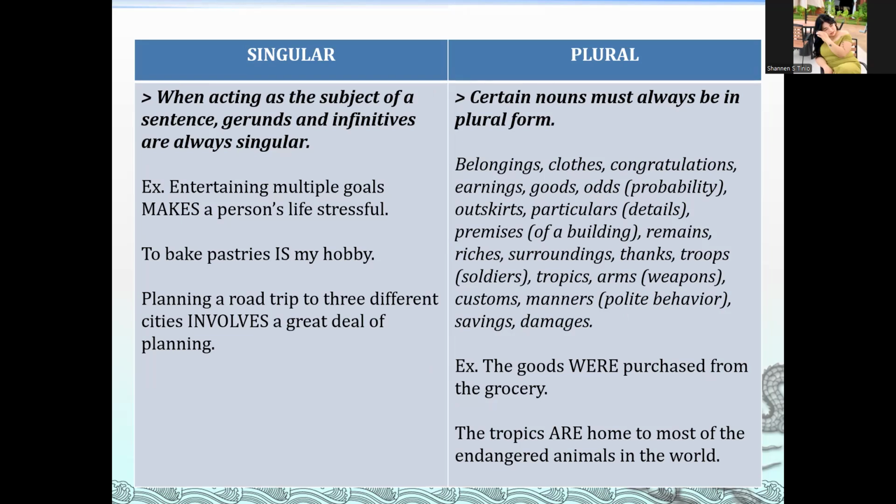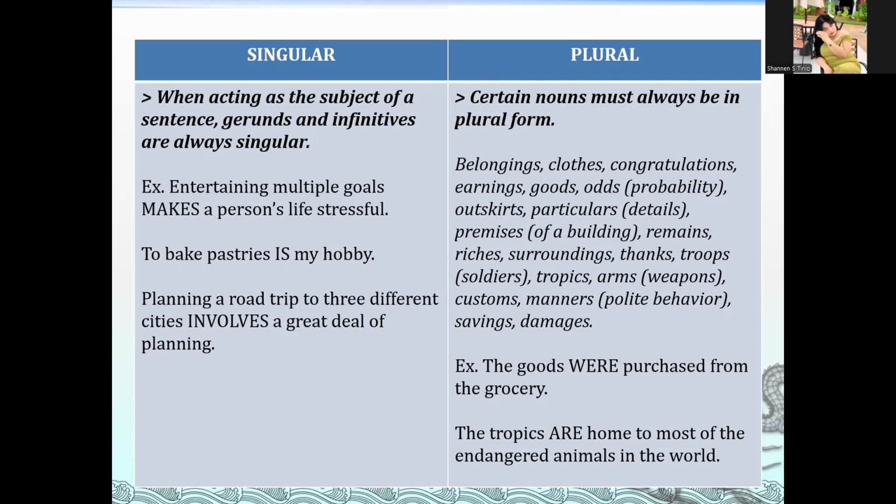Okay, so we have gerunds and infinitives. They are supposed to be functioning as singular subjects. Pag sinabi nating gerunds, hindi si Gerald Anderson gerunds, yun yung words na may ing, but they function as a noun. Entertaining multiple goals makes a person's life stressful.